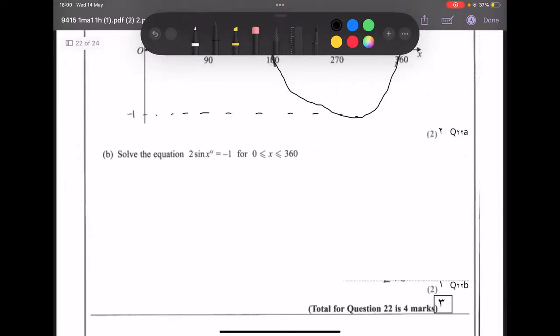Now solve the equation 2 sine x minus 1 for x which is between 0 and 360.